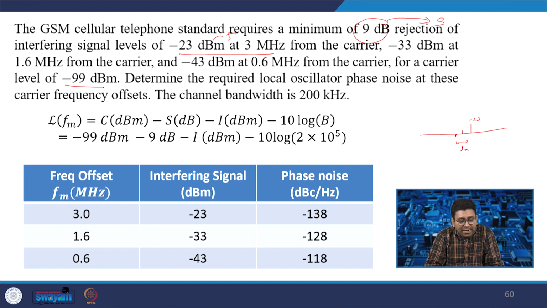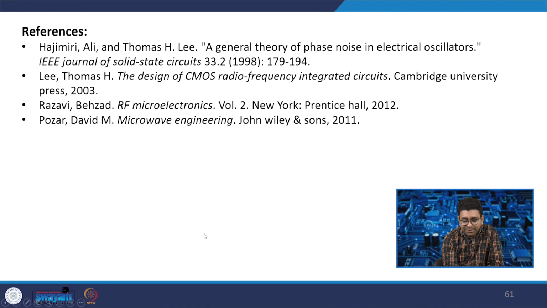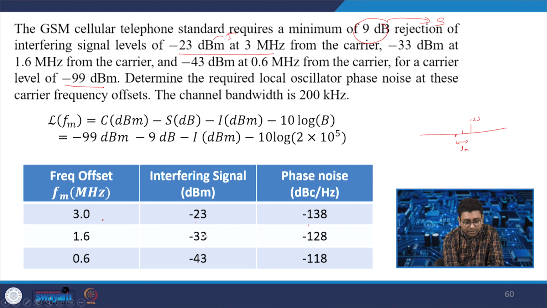So for the 3 megahertz offset it should have minus 138 dBc per hertz, with the interfering signal level minus 23. For the 1.6 megahertz offset, the interfering signal is minus 33 dBm, and the phase noise requirement is minus 128.